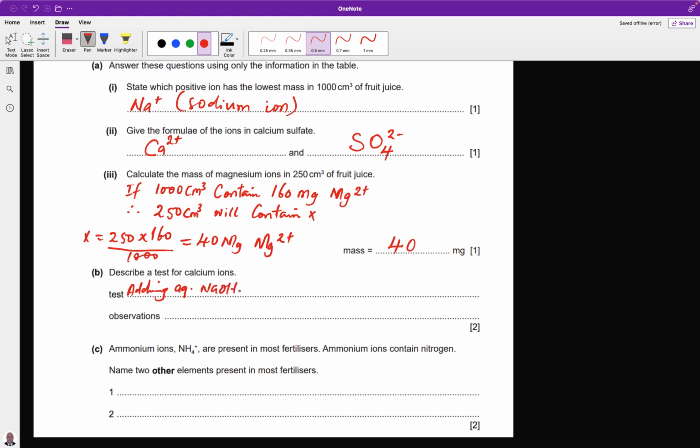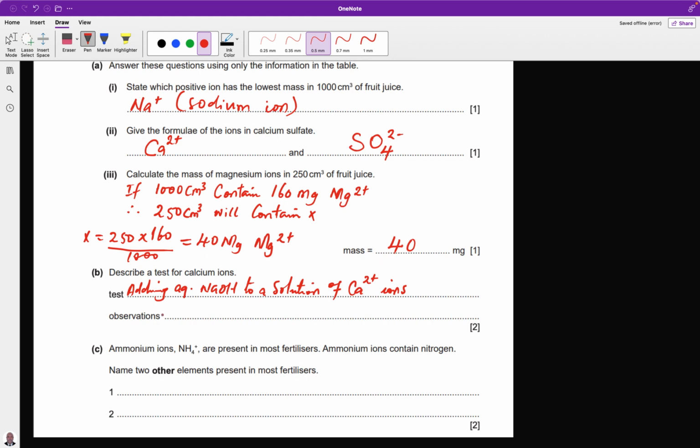The test: adding aqueous sodium hydroxide to a solution containing calcium ion.